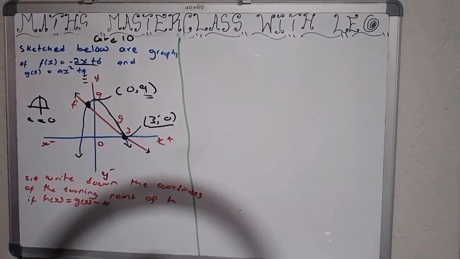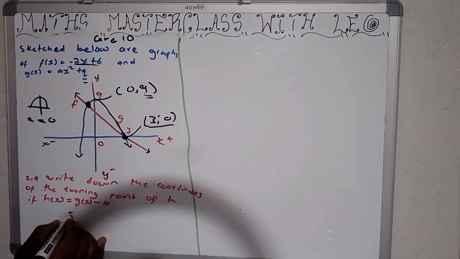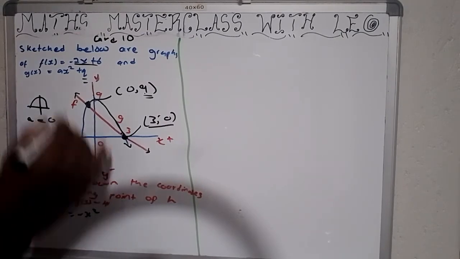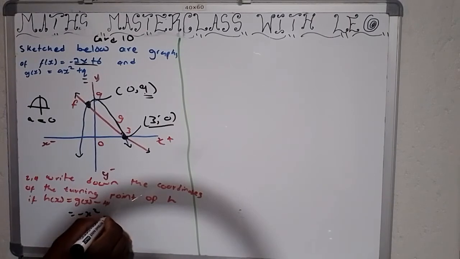Okay, now we're doing the last question. Write down the coordinates of the turning point of h, if h of x is equal to g of x minus 4. Here I need to write my g of x. It is minus x squared, and q was plus 9.